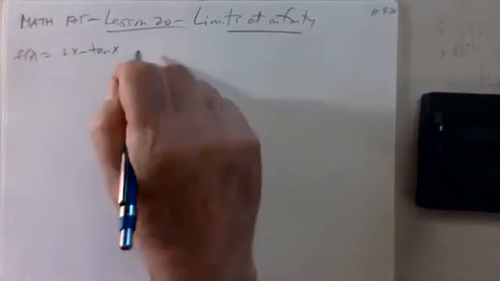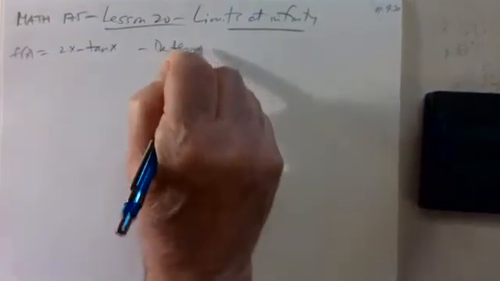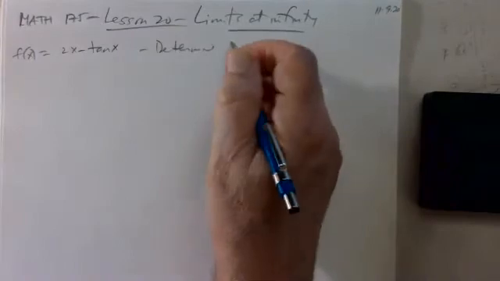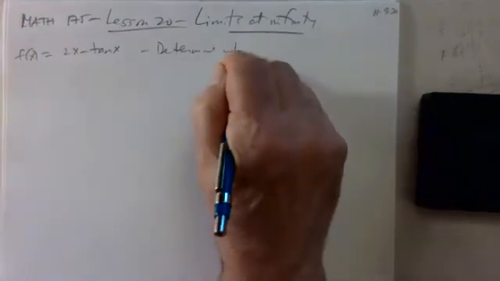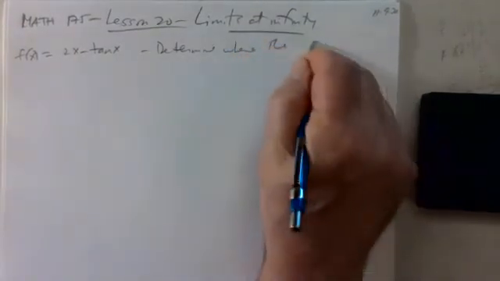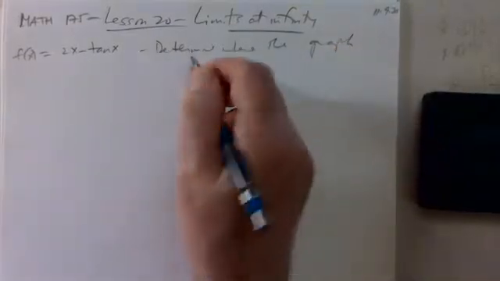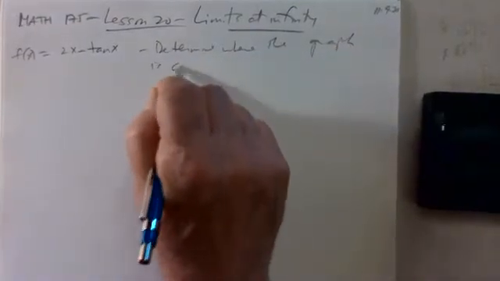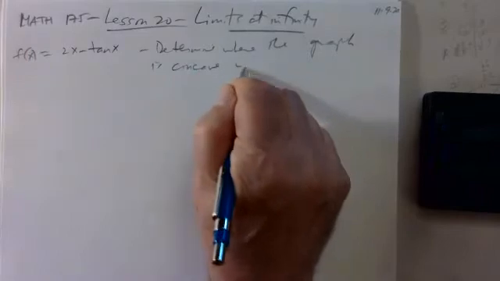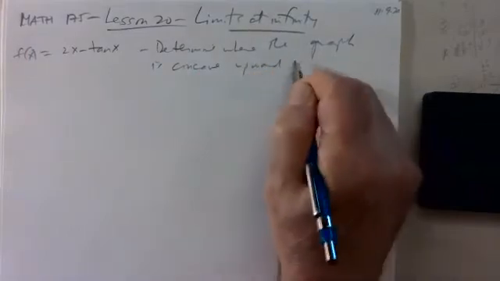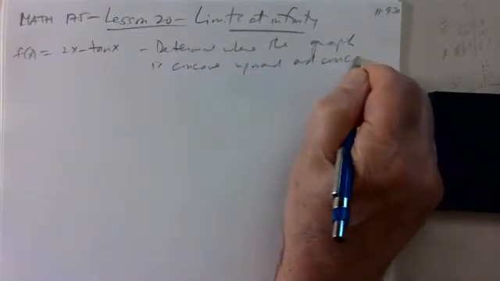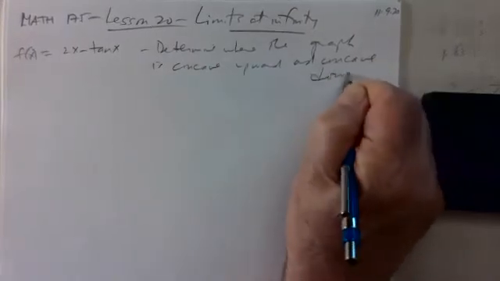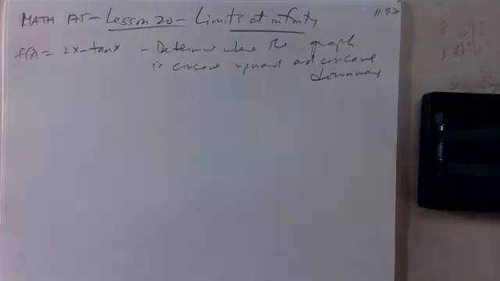Okay. So we want to determine where the graph is concave upward and concave downward, which means we have to look at the second derivative.